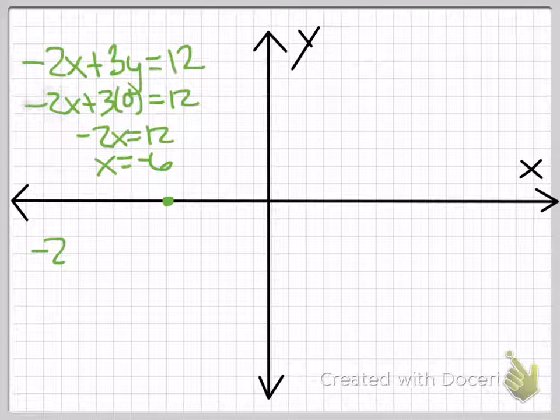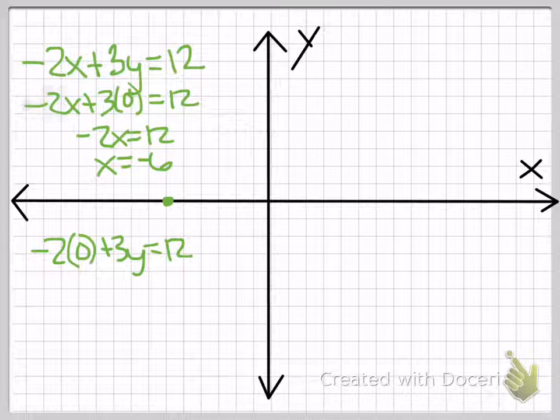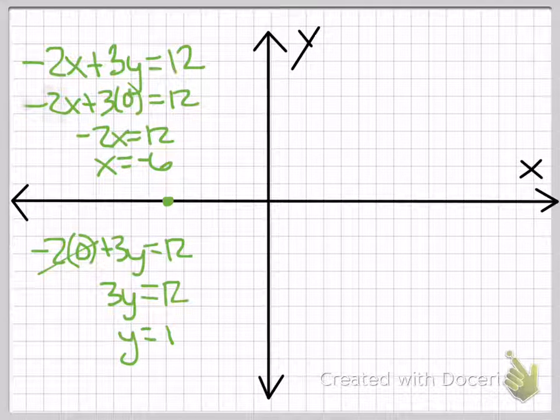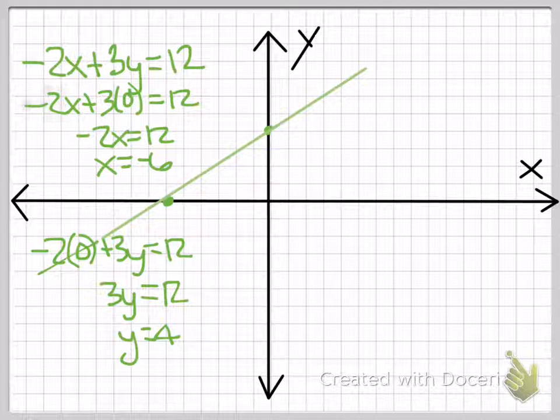Then I'm going to turn around and let x be 0, which means whatever term gets the 0 is gone. 1, 2, 3, 4. Connect the dots. Got my line.